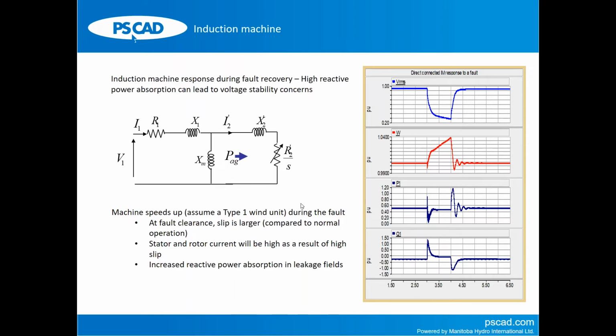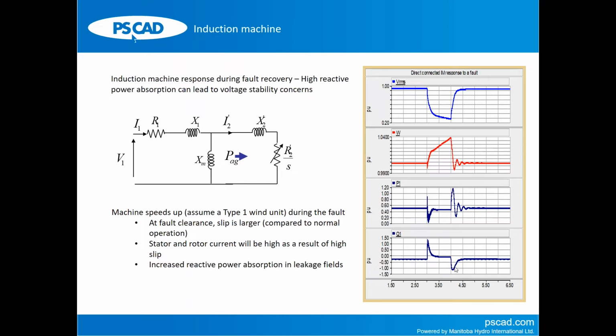This is why type 1 wind turbines, which were just the turbine directly connected to an induction machine, with the stator directly connected to the grid, went out of favor, right? Those type 1 or type 2 wind farms, during fault recovery, show poor response.